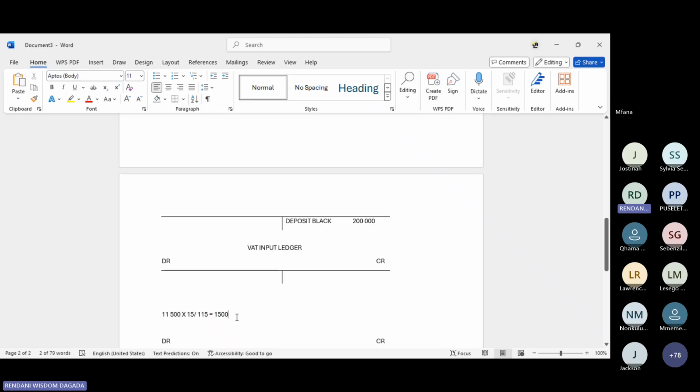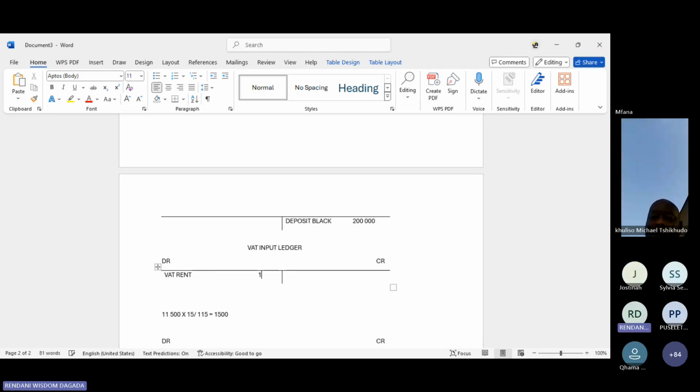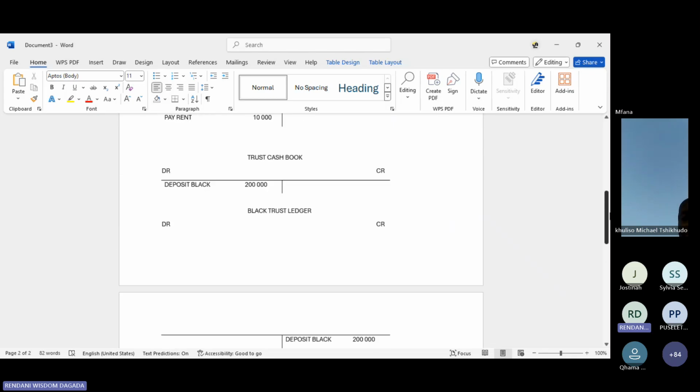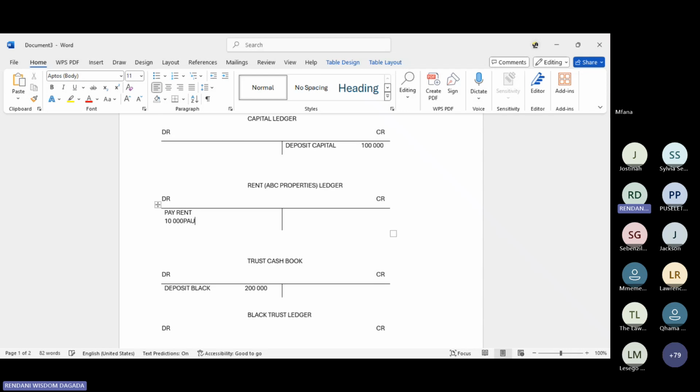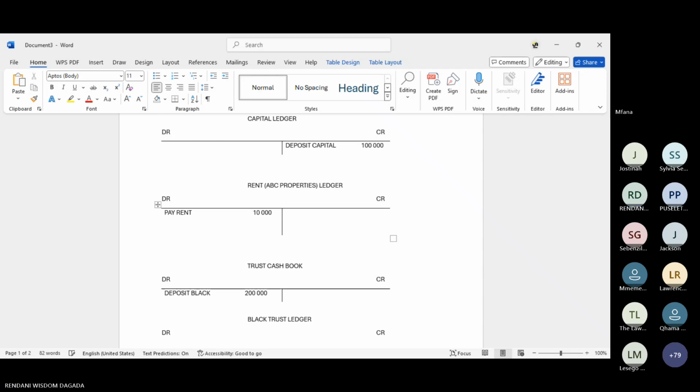It gives you the VAT, which is going to be on the debit side. VAT rent 1,500. And then on the rent itself here, you're gonna go and put the 10,000. Pay rent 1,500, just like that. And that is how you answer that question where there is VAT.